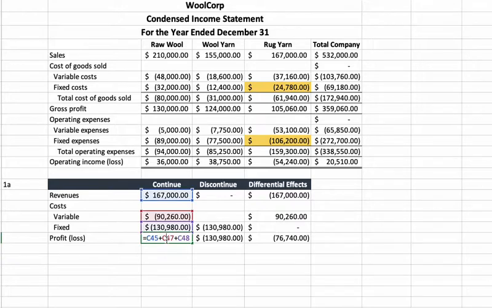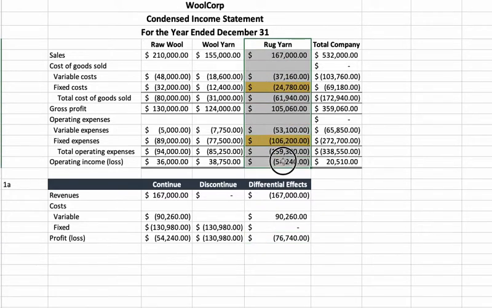So now I just want to take my revenues and subtract out all of those costs. If I continue, then I'm probably going to continue to post a loss of $54,000. If I discontinue, though, you can see these differential effects over here. I actually will post a larger loss if I discontinue the rug yarn.